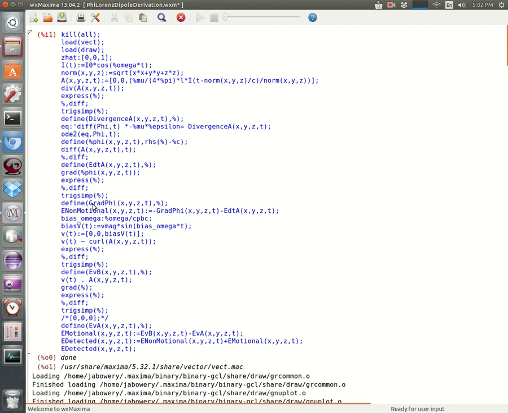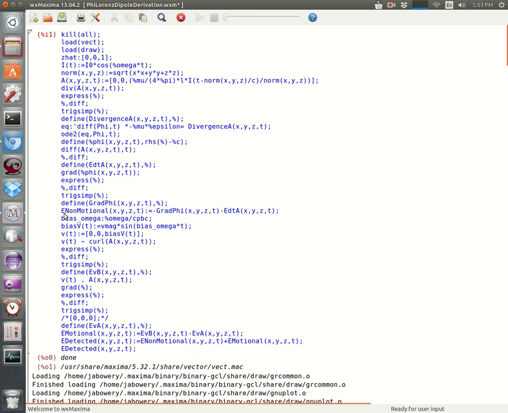This allows us to derive the portion of the E field that is due to the gradient of the scalar potential, just as we can use the time derivative of the vector potential to get a portion of the E field from the dipole.